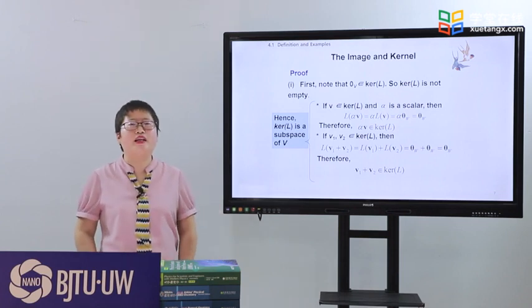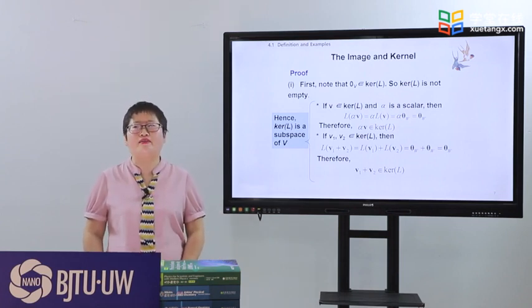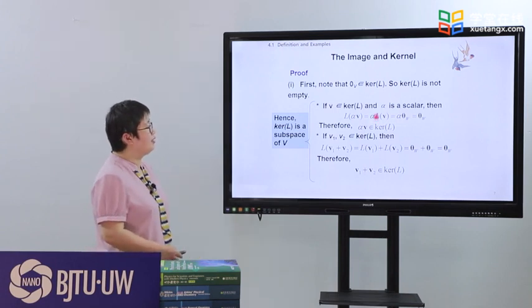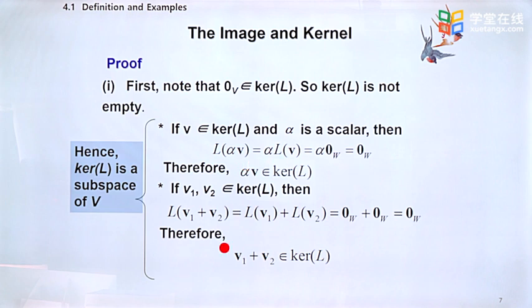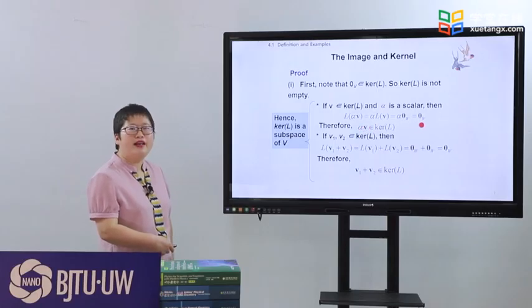This is the proof. In order to show the kernel of L is a subspace of V, we need to check if αv is in the kernel and if v1 plus v2 is also in the kernel. First note that the zero vector in V belongs to the kernel of L, so the kernel is not empty. If v belongs to the kernel of L and α is a scalar, then L(αv) equals α times L(v).